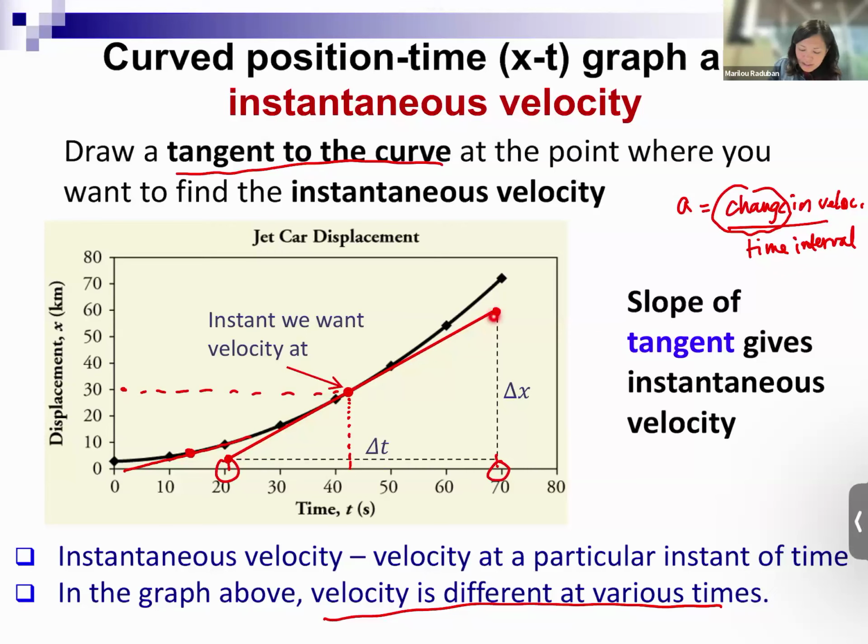The tangent line is a straight line, so the slope of a straight line is the same regardless of what point you use along the line. There's nothing stopping you from drawing your tangent line so that it ends at exact points, and then you can easily read the values off the x-axis or the y-axis.